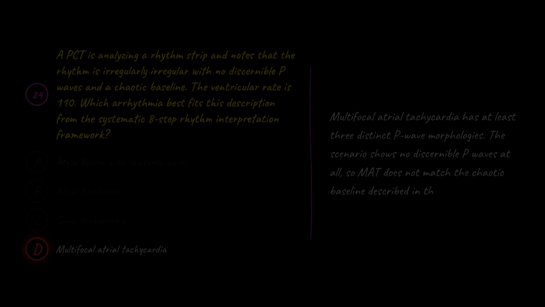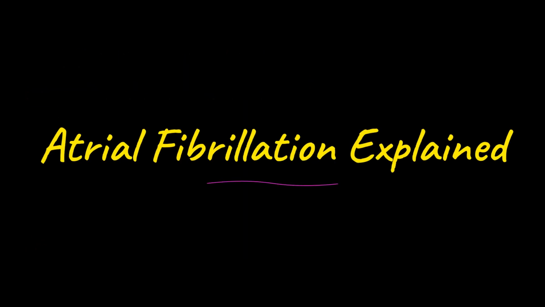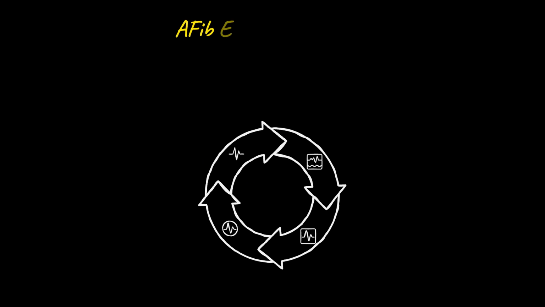Atrial fibrillation is the most common sustained cardiac arrhythmia, and it has a signature set of EKG findings that set it apart from every other irregular rhythm. Understanding why those findings appear requires looking at what the atria are actually doing electrically.